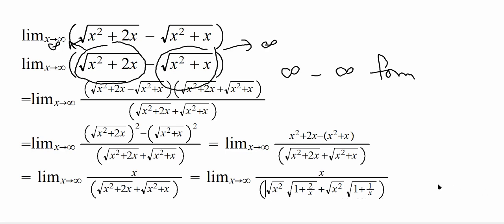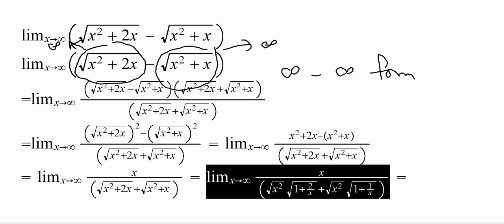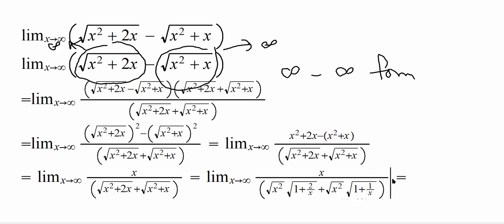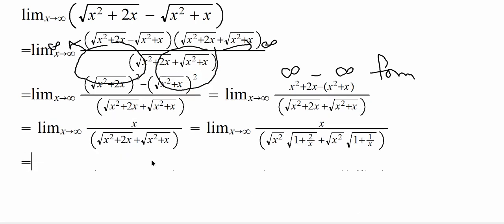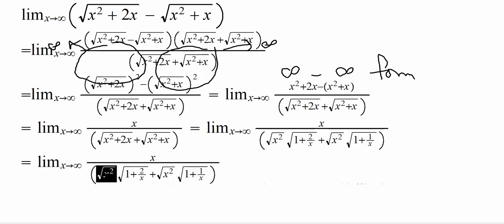Now square root of x square is how much? That is simply absolute value of x, and I can do this, that is just factor that absolute value of x out. So let me do that here. So we got this, and here we simply got a square root of x square, that is absolute value of x.